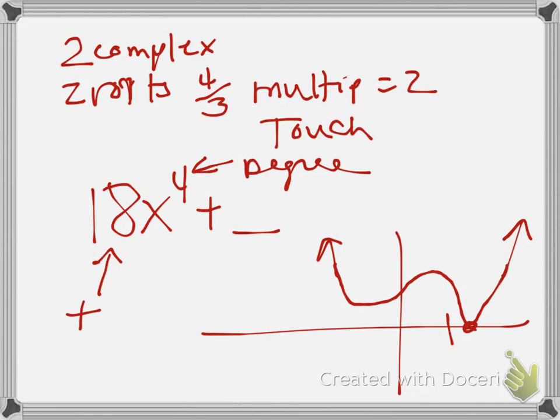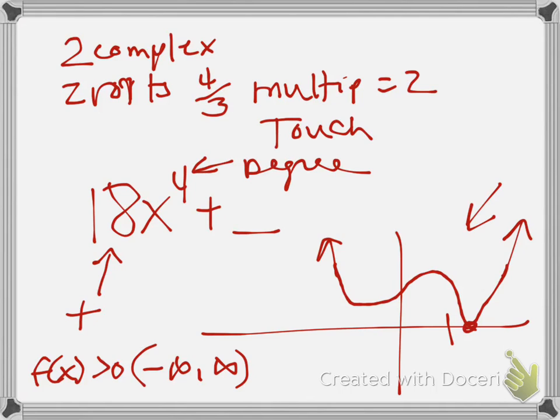Right? So to answer this question, it says, when is this function positive? So this function is positive, right? When is f of x positive? That's from negative infinity to infinity. The entire function is above the x-axis. When is that function greater than or equal to 0? From negative infinity to infinity.